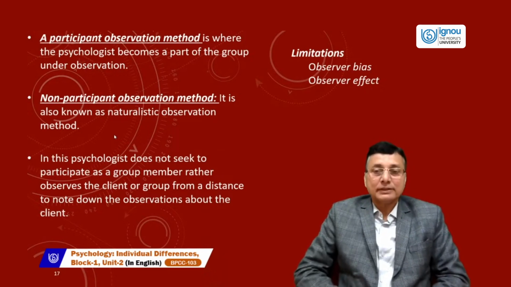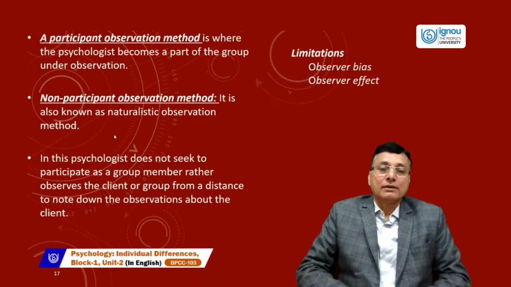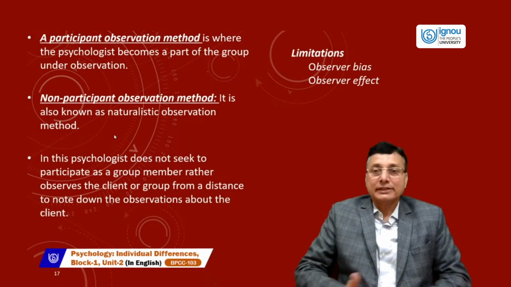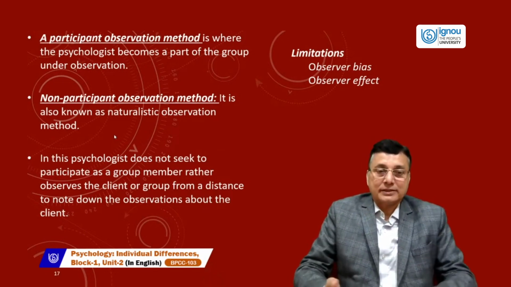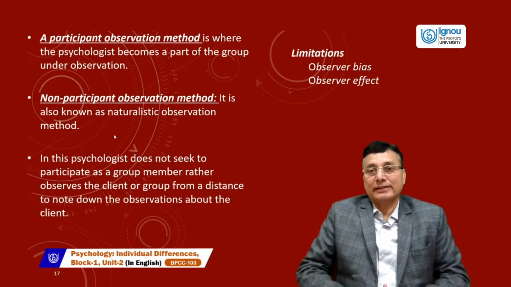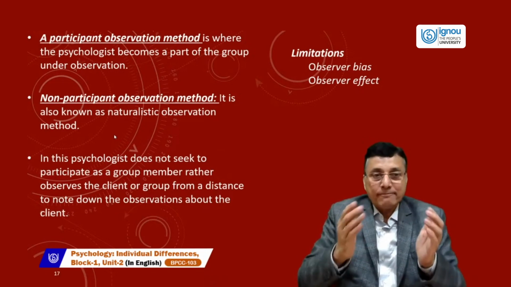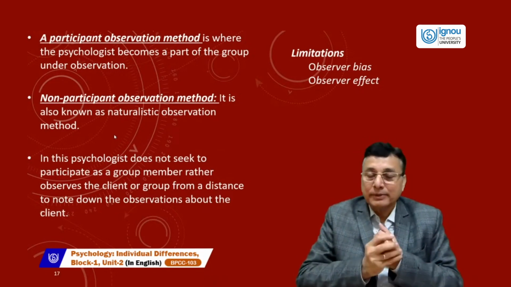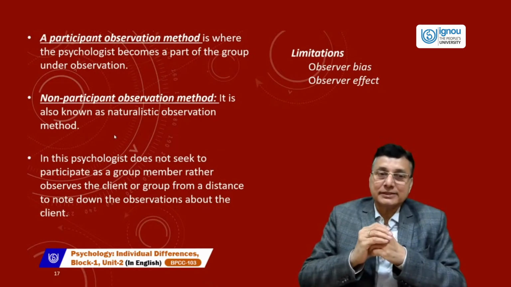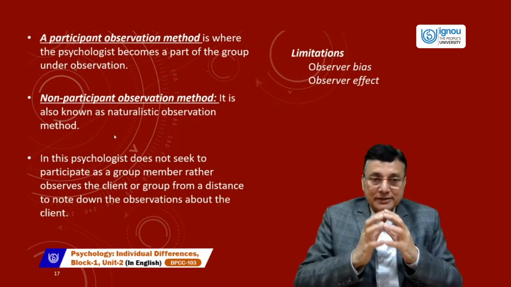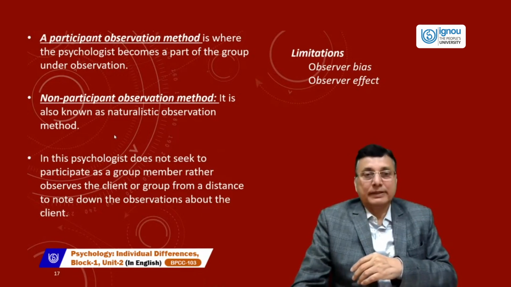It may be based on our economic background, our social and religious background, caste, culture, so many things, gender. All these things may color the observation, so the findings may not be reliable. That's why, to overcome these limitations, intensive training is required in this method.